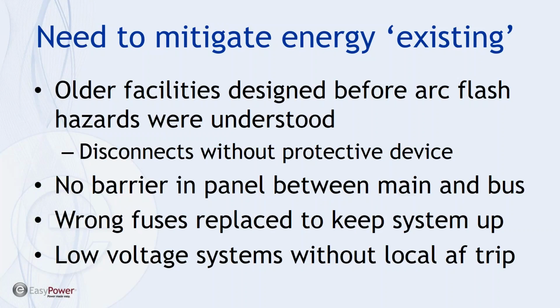Another area where problems with mitigation arise in facilities that have been in operation for some time is exigent circumstances, where the maintenance team may have made adjustments or replaced fuses during an off shift just to keep a system online or get it back online quickly, and we can end up with incorrectly sized fuses, even on one phase or all three, because that's what it took to get the system back online, with the intent that at some point later the fuse would be replaced with the correct value, and over time that might have been missed somewhere along the way.